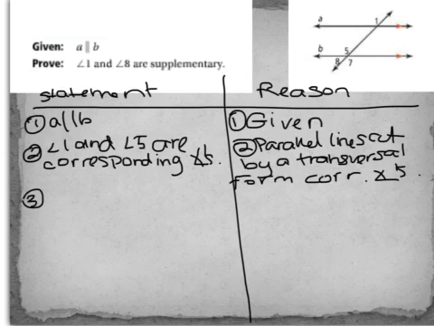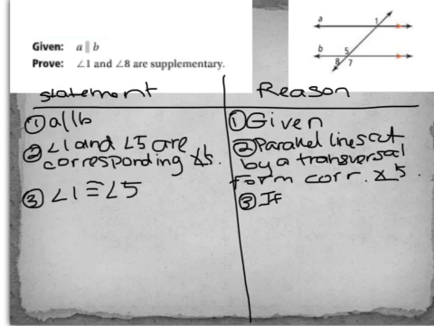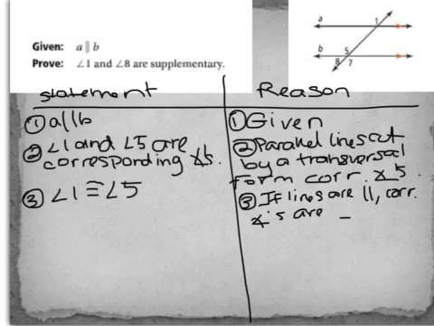Then we can state that they're congruent, because if lines are parallel, corresponding angles are congruent. Well, we're going to be working with supplementary angles, angle 5 and angle 8.